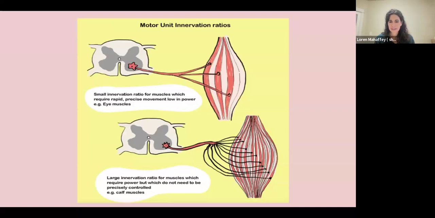So think of the difference of what's needed to lift a cup of coffee as opposed to lifting a 50-pound weight, right? When we go to create movement, the smallest motor neurons are recruited first, followed by progressively larger motor neurons.